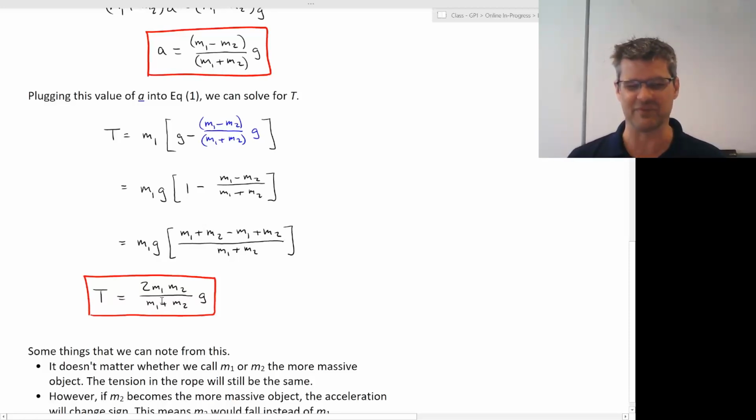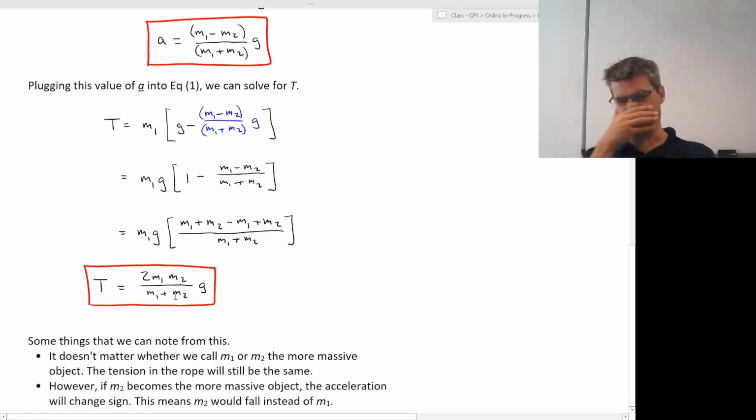So we have a couple of units associated with it, but the tension really does have different kinds of units. On the bottom, M1 plus M2 is essentially M1. So 2M2g, that's a pretty small tension, as you might expect.